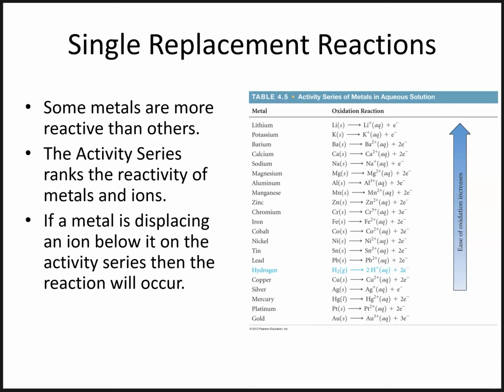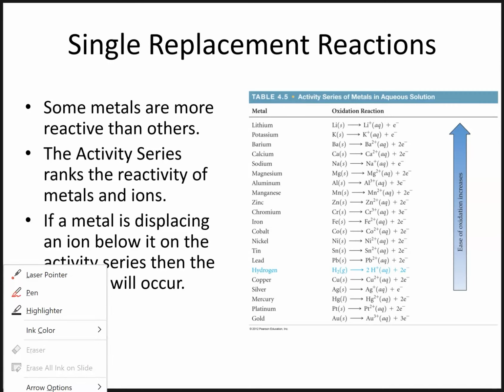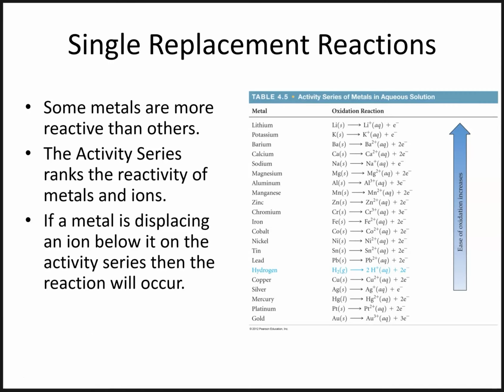Let's try another one. Let's see if I can write on the screen here. We'll go with a pen. Let's see if gold would react with silver chloride. In this particular instance, we can see gold is down here.